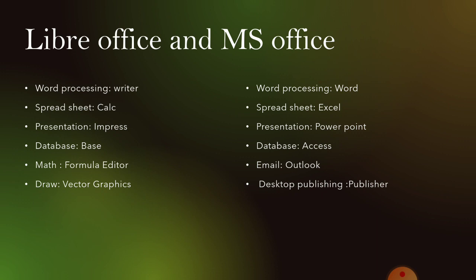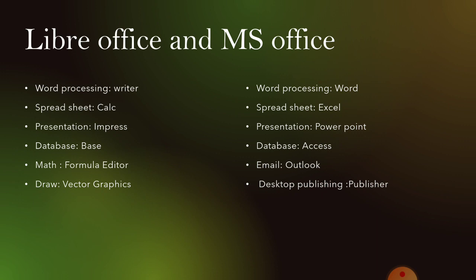In the same way, MS Office also has word processing as Word, spreadsheet as Excel, and presentation as PowerPoint. If you want to create a database, you can use Access. If you want to send email to anyone, you can use Outlook.